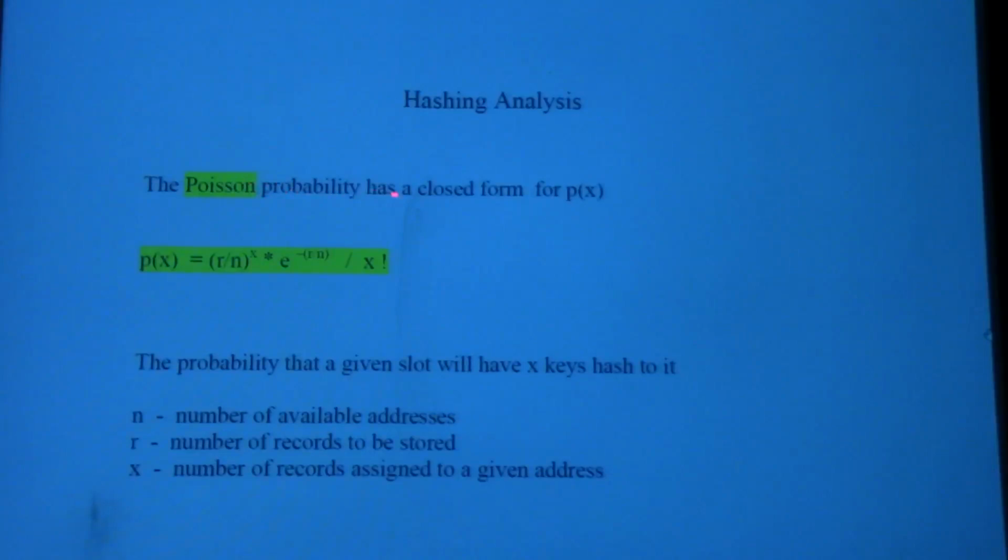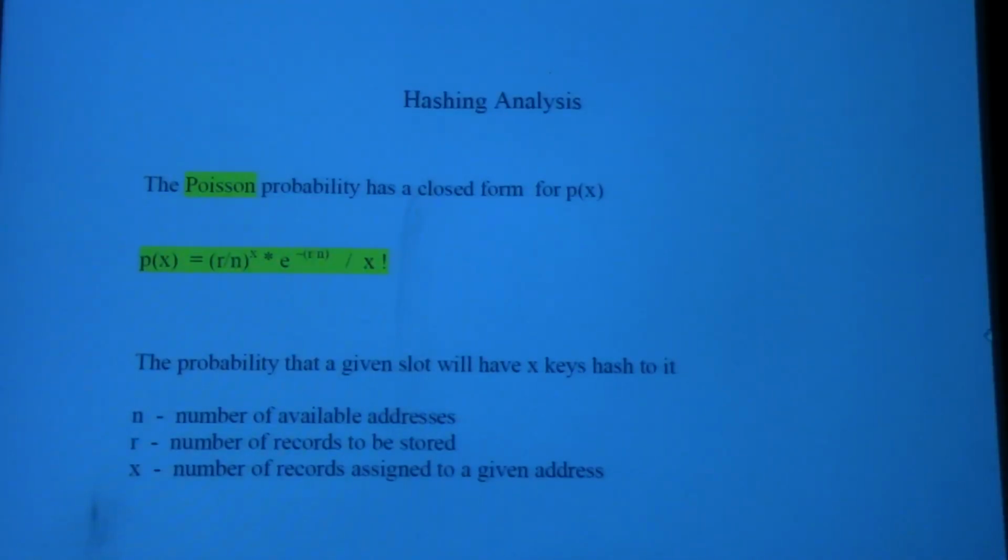The Poisson probability has a closed form that says P of x, the probability of x keys hashing to a location, is (R over n) to the x, times e to the minus R over n, over x factorial. Keep in mind that R over n is our packing density.